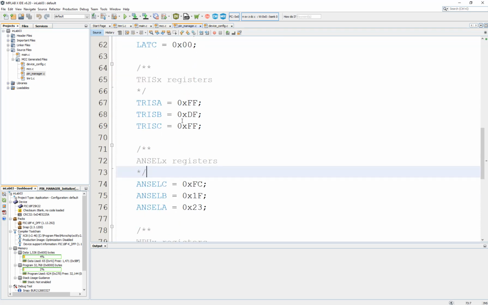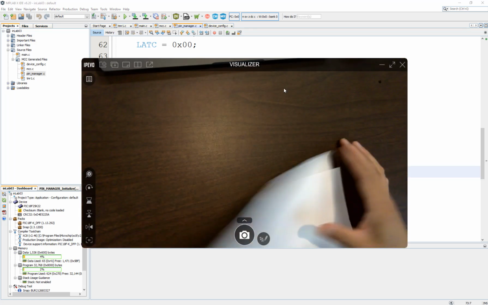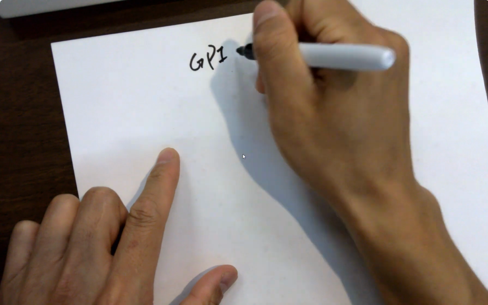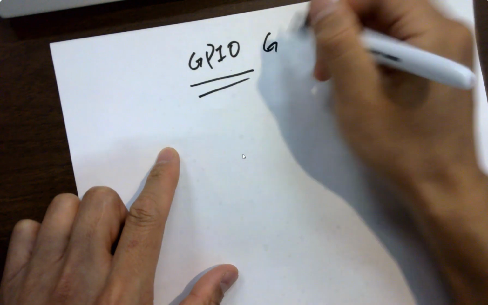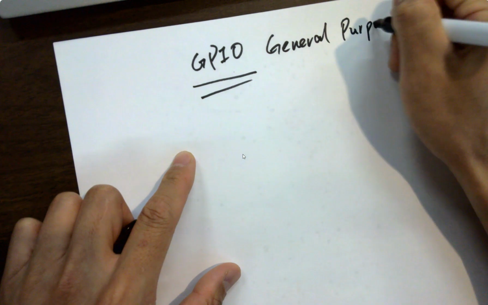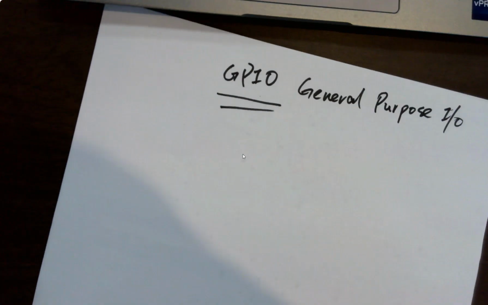So there are mainly three registers for the GPIOs. What this stands for? General purpose, right? General purpose IOs.